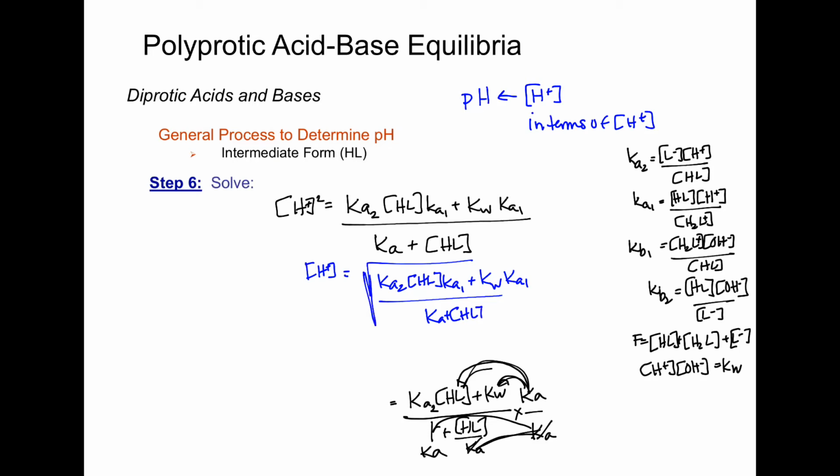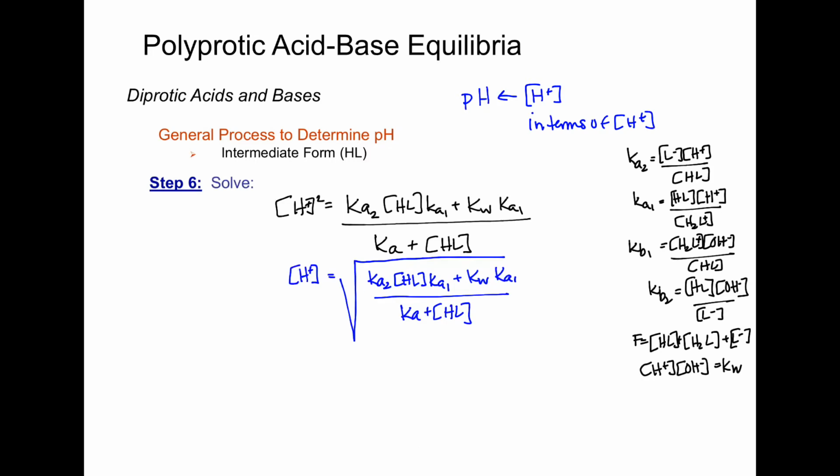And when I do that, I just want to be clear that's for all of it. So now we have a pretty clear equation, and there's only one variable, HL.